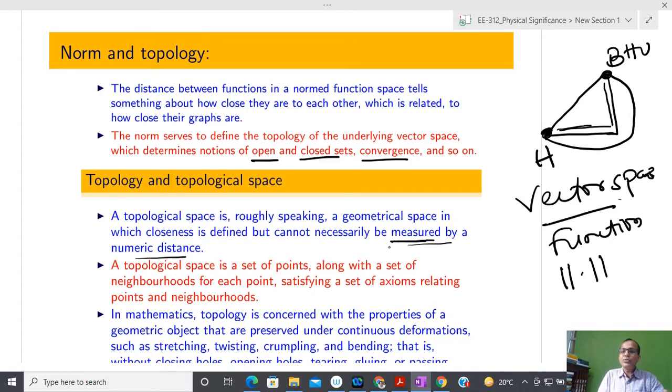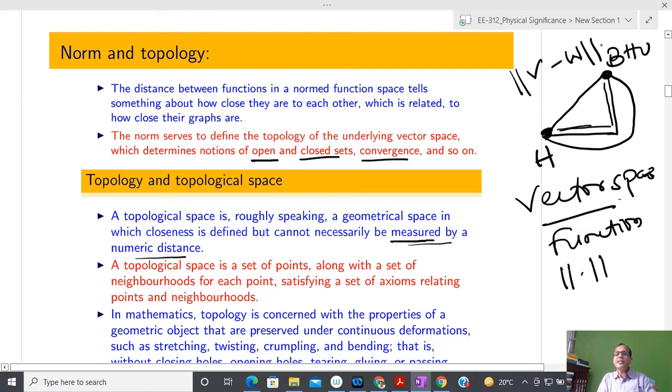Suppose I have two vectors v and w, and if you take this operator and these are column vectors, then you are going to get some number. If v and w are functions, then again you are going to get some kind of number. So whatever distance, that is nothing but numeric.